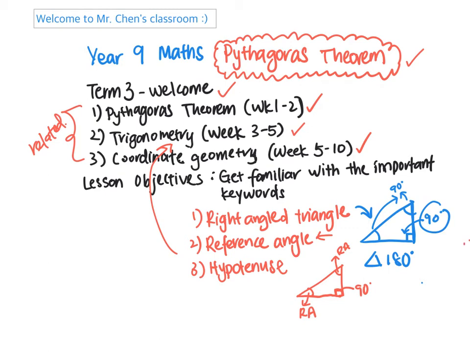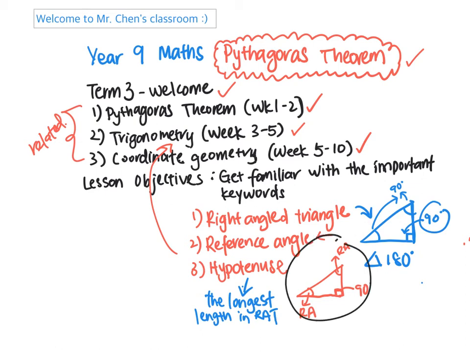Now we are going to the hypotenuse. The hypotenuse is present in a right angle triangle. It is the longest length in a right angle triangle. I want you to look at this triangle for me. Which side do you reckon is the longest side? Is it this side, or that side, or that side?